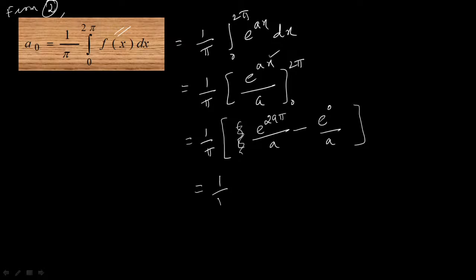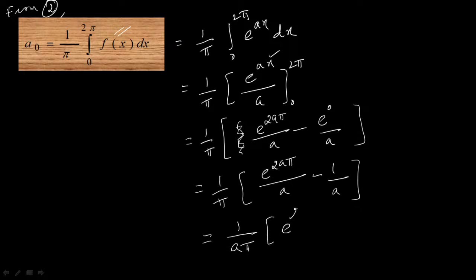So that is equal to 1 by pi (e power 2a pi divided by a minus e power 0 is 1 divided by a). Here a is a common term in the denominator, so you take it outside of the parenthesis, you get 1 divided by a pi of (e power 2a pi minus 1). So this is your a naught.